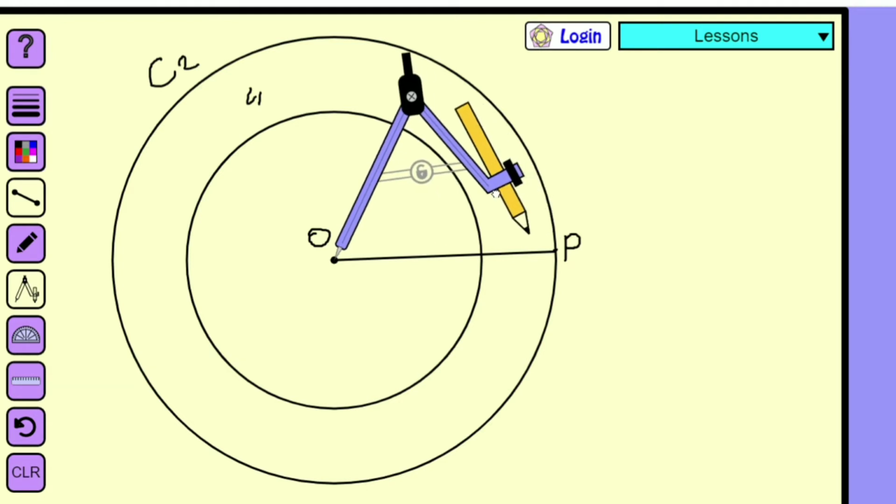So with more than half of OP as radius and O as center, draw arcs on either side of OP.